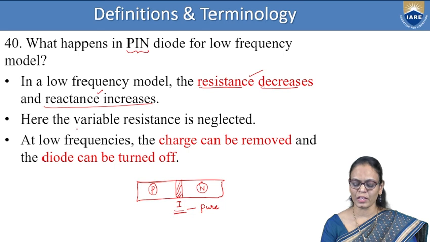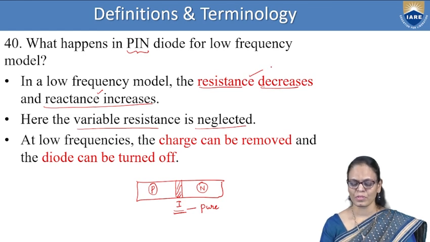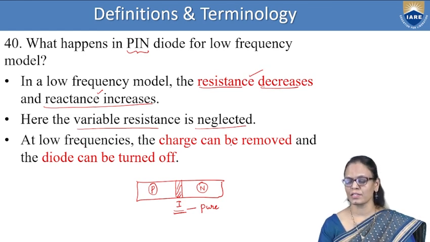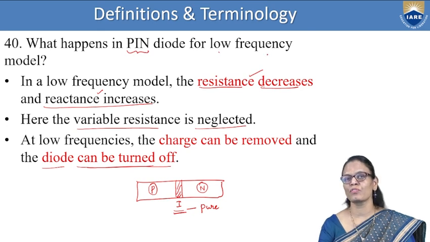Here the variable resistance is neglected, because it keeps on decreasing. At low frequencies, the charge can be removed and the diode can be turned off. We can remove the charge easily and it can be turned off.